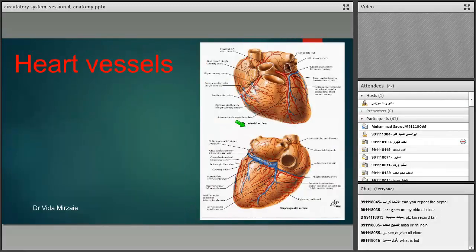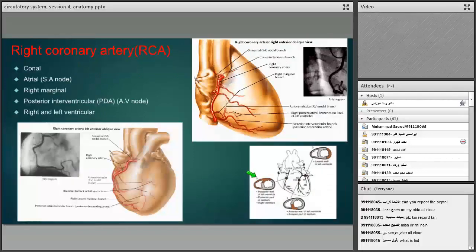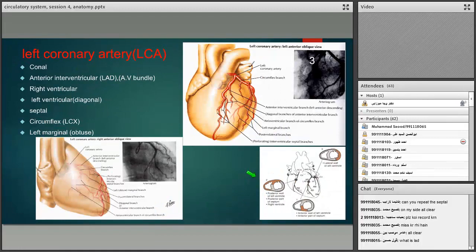After that, this artery is coming to the left side, to the inferior side of the heart, and supplying blood to the posterior side of the left ventricle. Look at here.